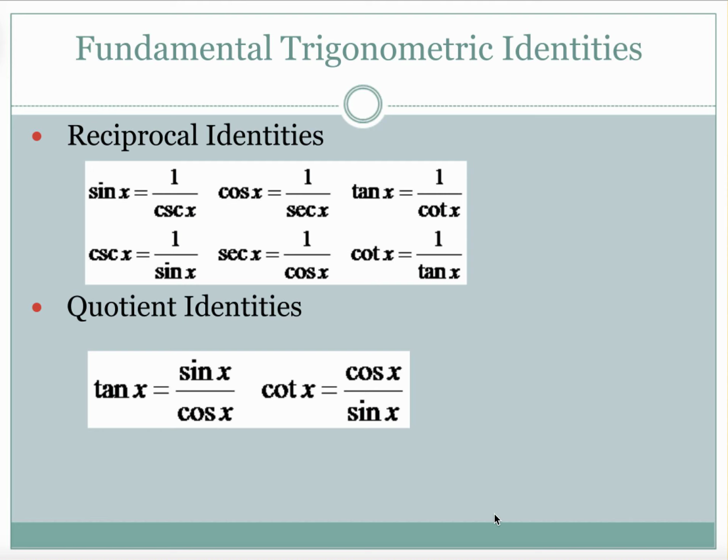Now, knowing these identities, we can put them all together and we can simplify some trigonometric expressions using substitutions. And that's the name of the game, you guys. We're going to be substituting and simplifying, substituting and simplifying. So try and keep that in mind as we work through the next couple problems here.